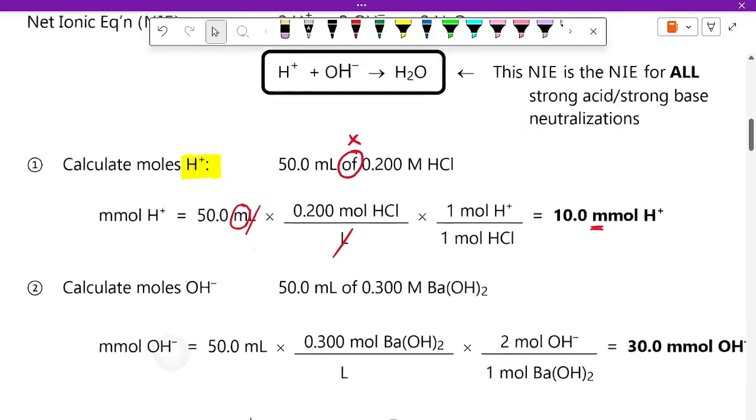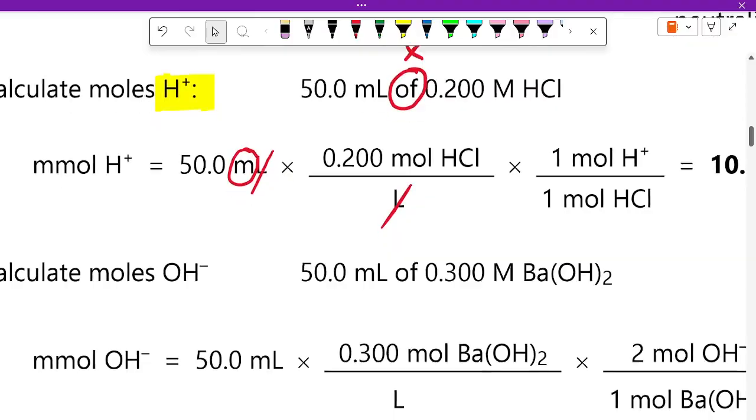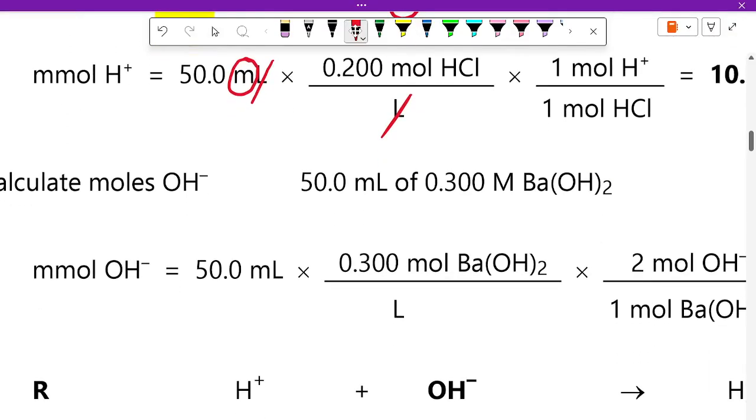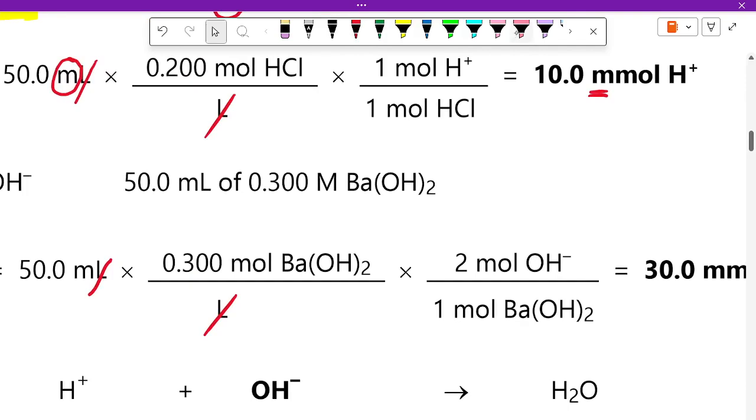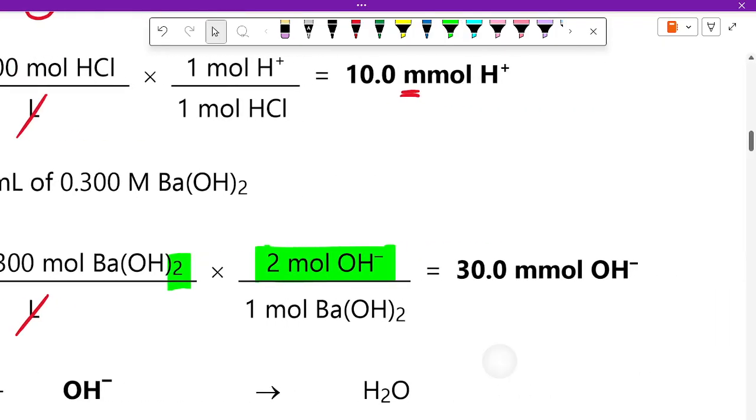Let's calculate our moles of OH-. 50 milliliters, liters cancel out. Moles of Ba(OH)2. Now this is where the stoichiometry gets interesting because there are 2 moles of OH in every Ba(OH)2. So we have to multiply everything by 2 and we get 30 millimoles of OH.